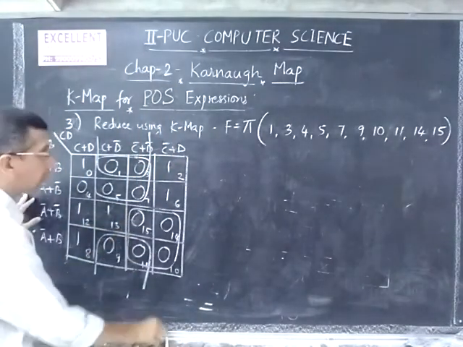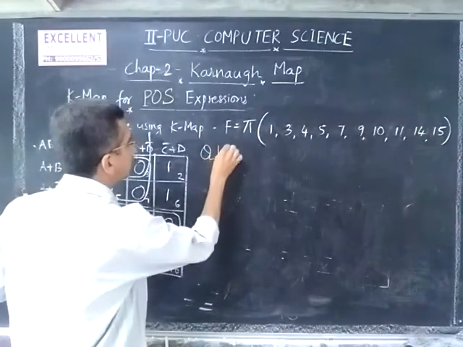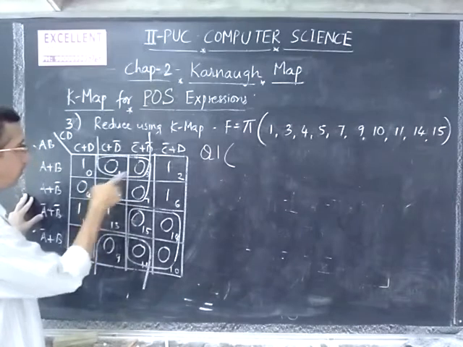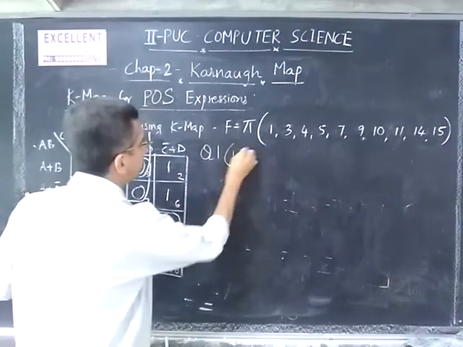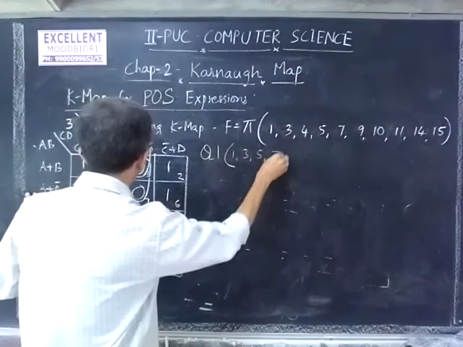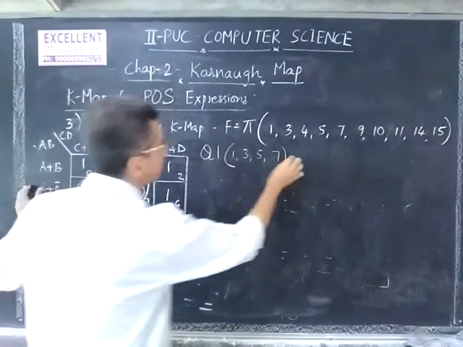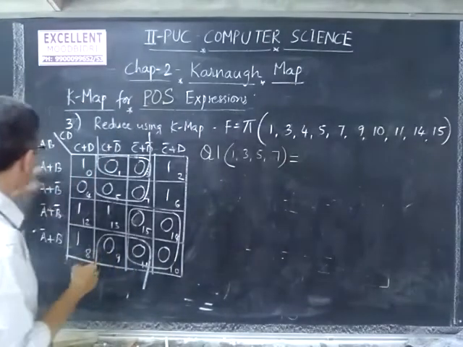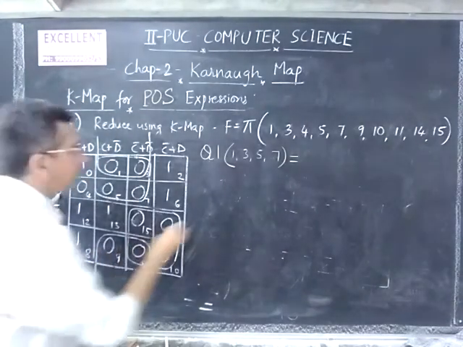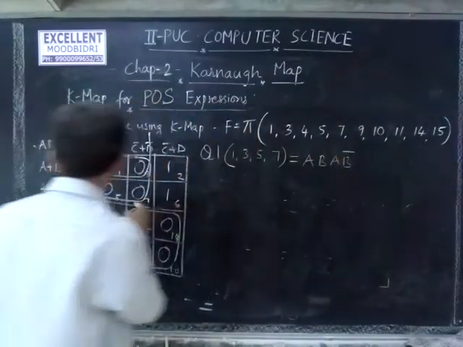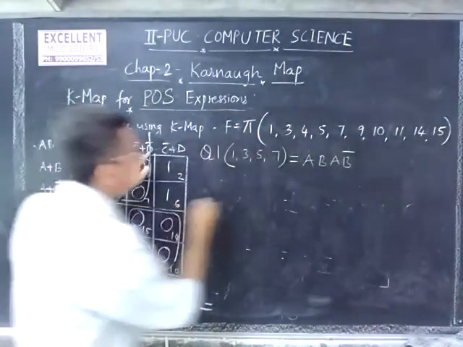So first I will write quad 1, which is, first take this one, M1, 3, 5 and 7, quad 1. So simplify, it will be A, B bar, A, B bar, C, D bar, C bar, D bar.